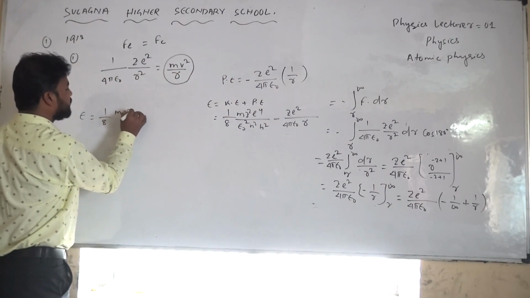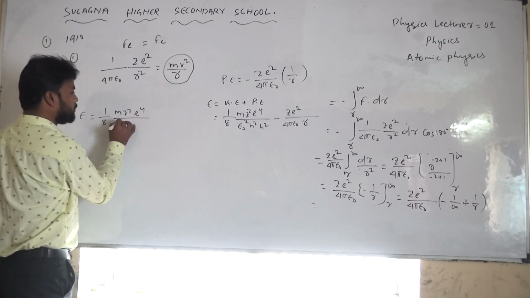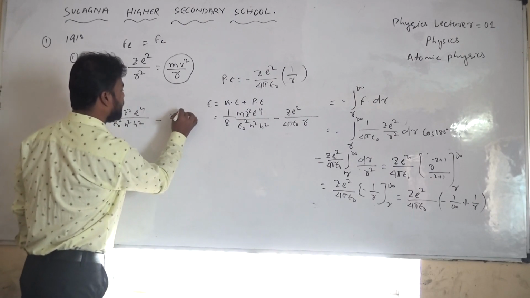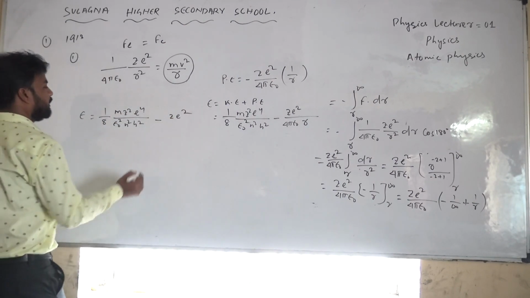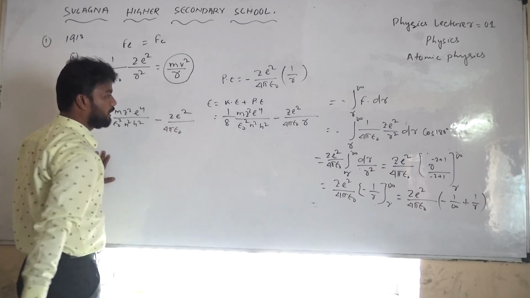m z square e to the power 4 epsilon naught square n square h square minus z e square divided by 4 pi epsilon naught.